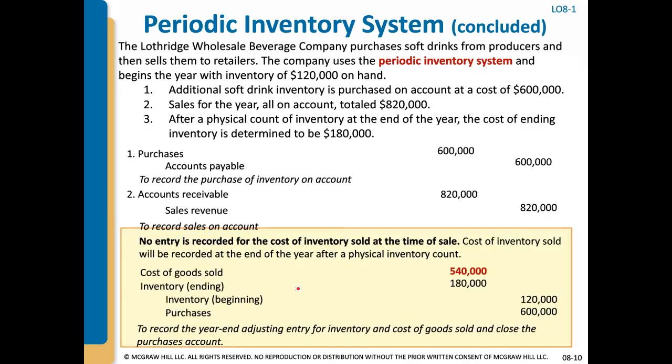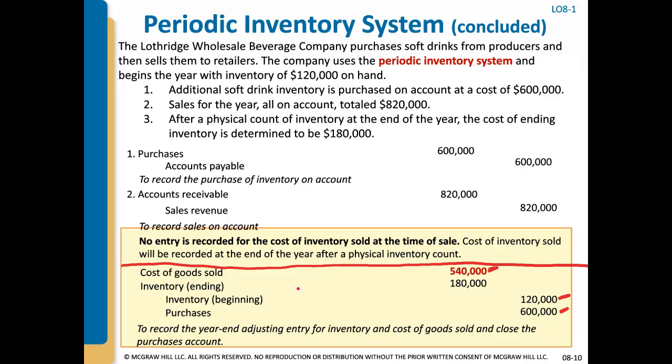Going back into our example, we're going to start right here at the bottom of this screen. We're going to debit cost of goods sold for $540,000, and we're going to remove our beginning inventory and purchases that we made.